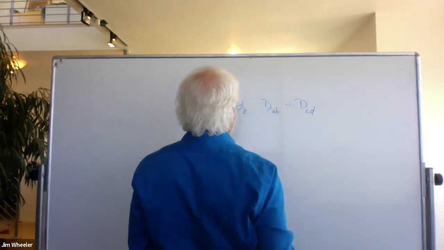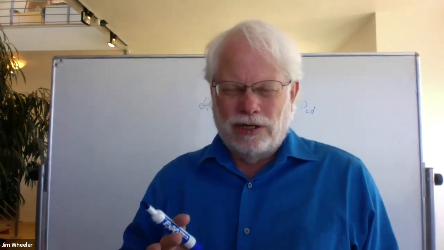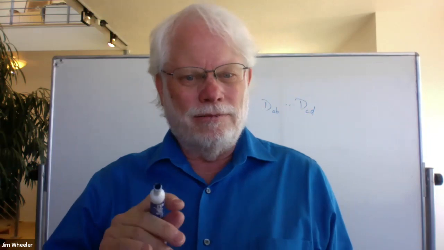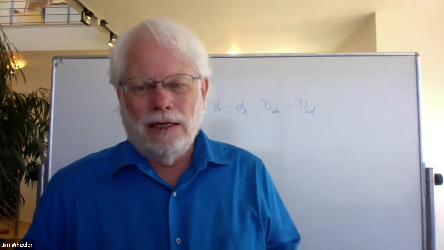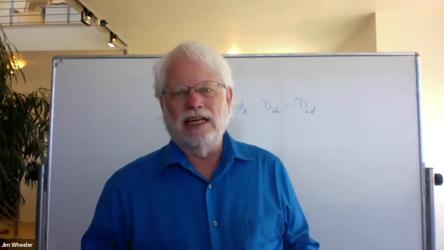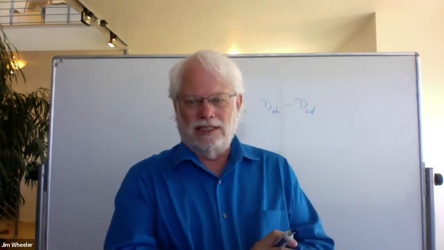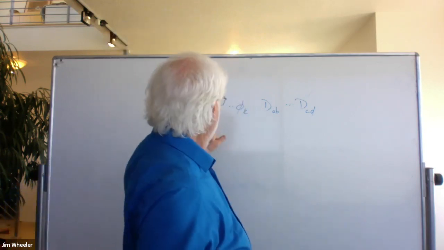I'll just call it CD, where the principal property here is that each field index, so these run up, let's say, from 1 to n. Each field index, 1, 2, 3, up to n, occurs exactly once. All right, we never add or subtract any field indices.